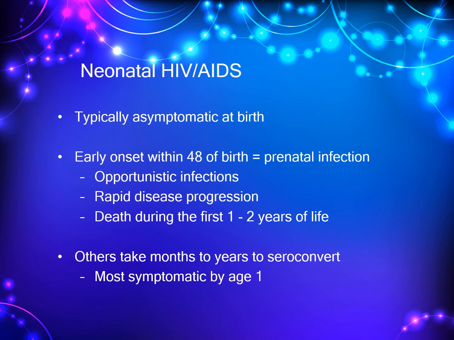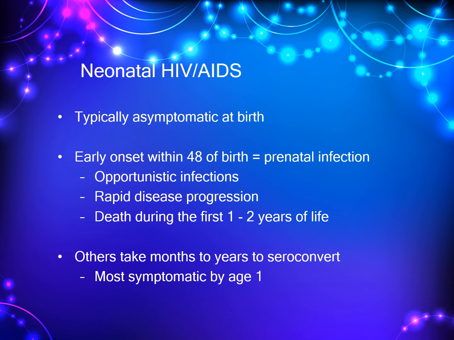Neonatal HIV and AIDS: typically, your newborns are asymptomatic at birth. We do have what's called early onset HIV, which is within 48 hours of birth. This means that the baby was infected prenatally. These babies tend to develop opportunistic infections. The disease progresses rapidly, and death is common in the first 1 to 2 years of life.